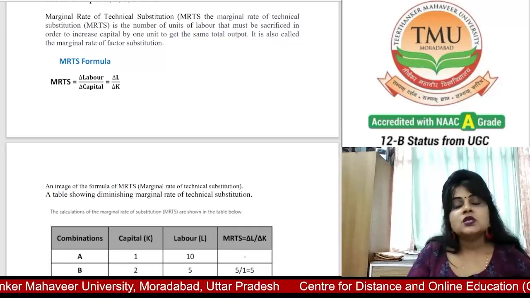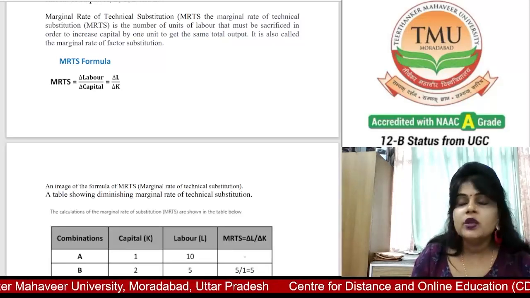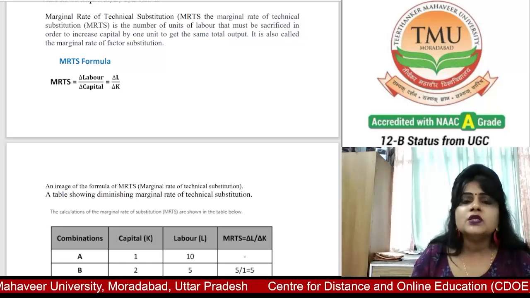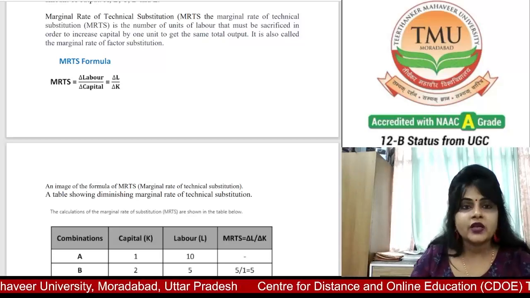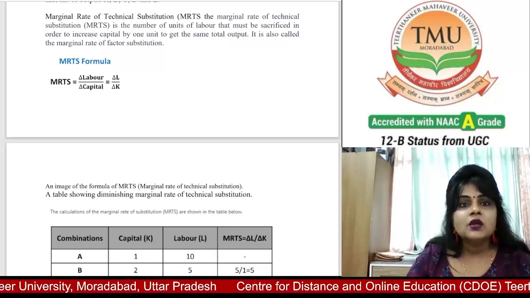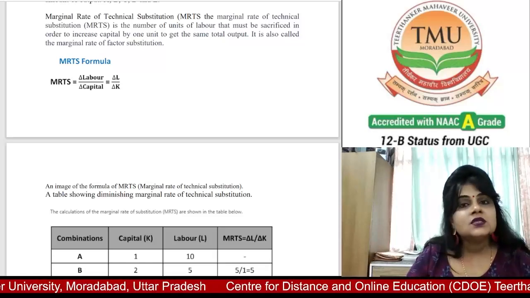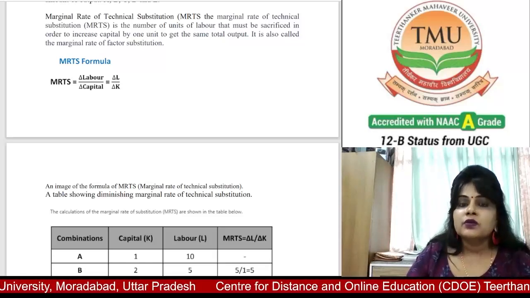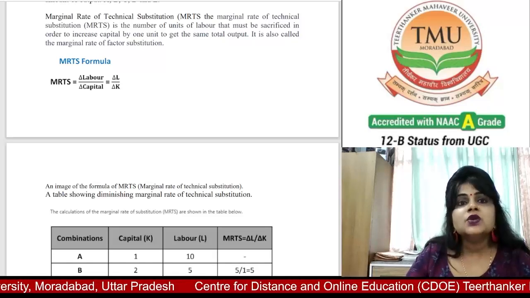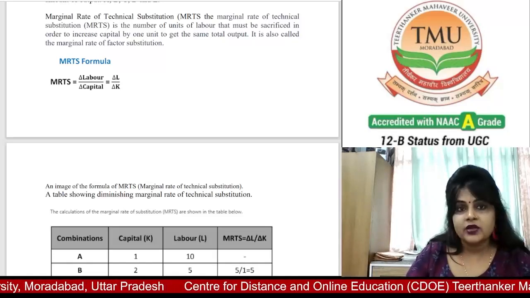When the producer gives up some units of one factor and increases the other factor, it is also called when he sacrifices one factor's units to increase the other factor's units.